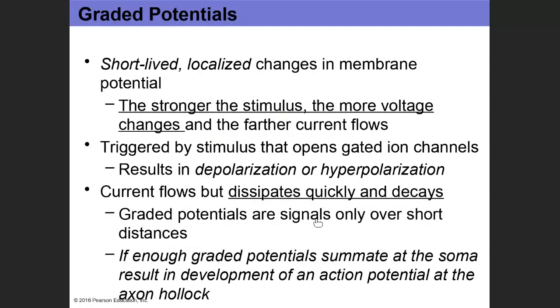Yeah, so I think I already explained this. Graded potentials only go a short distance. They only act over a local area, and they don't travel a long distance because they're short-lived. Remember, the stronger the stimulus, the more the voltage is going to change, and the farther we're going to go with current.